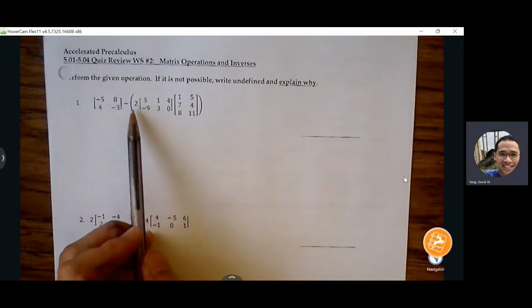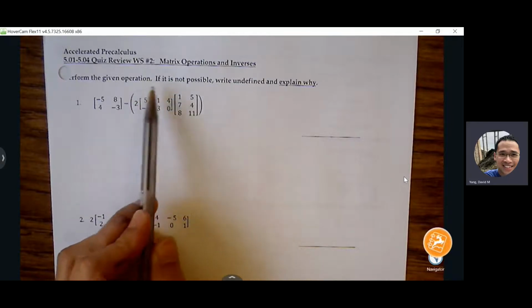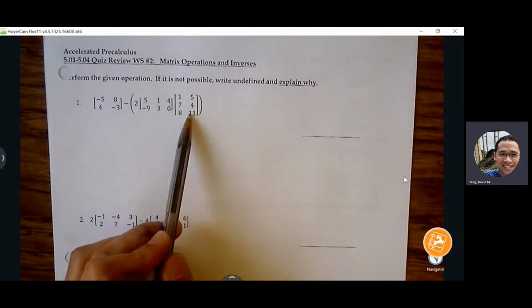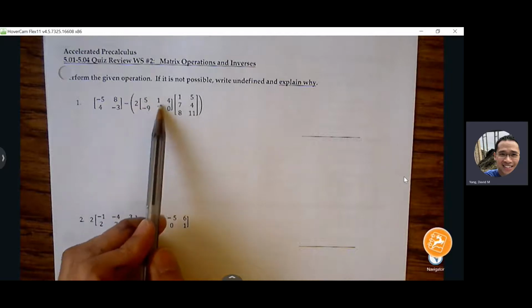Now, when you multiply the 2 through, the 2 is only going to be multiplied with the first matrix. You're not going to distribute the 2 through the second matrix.